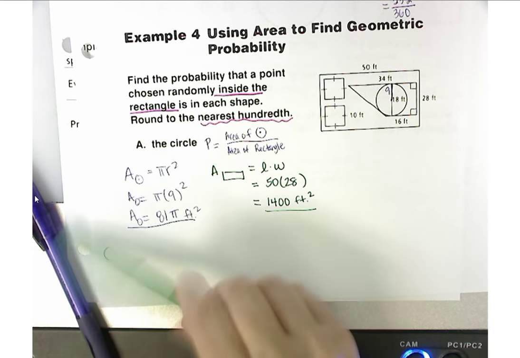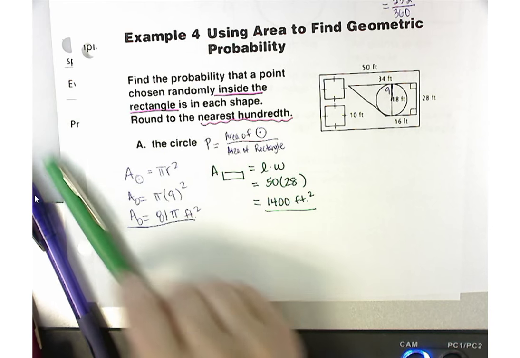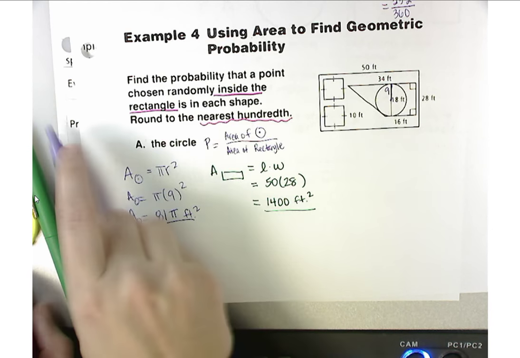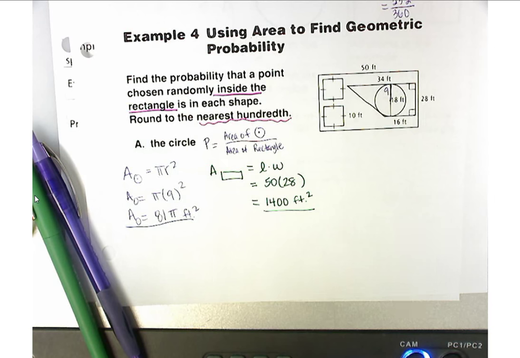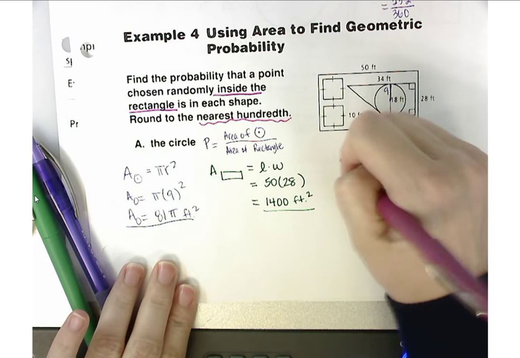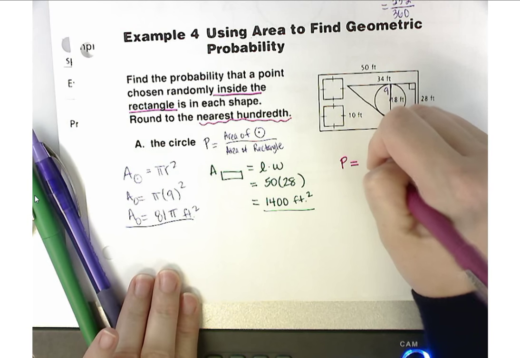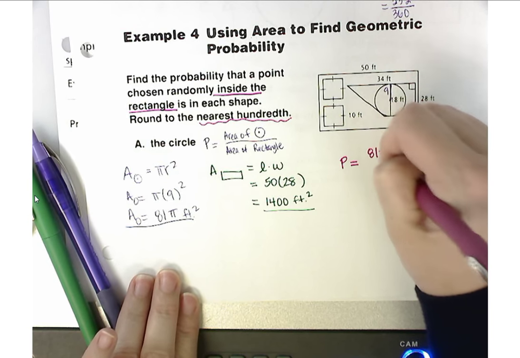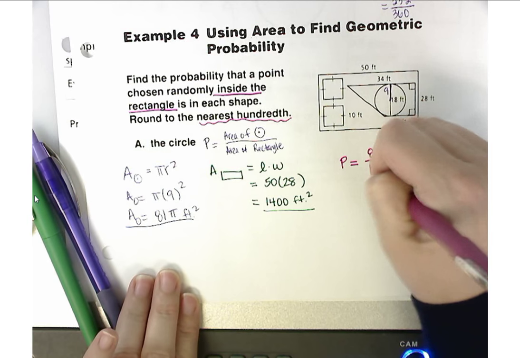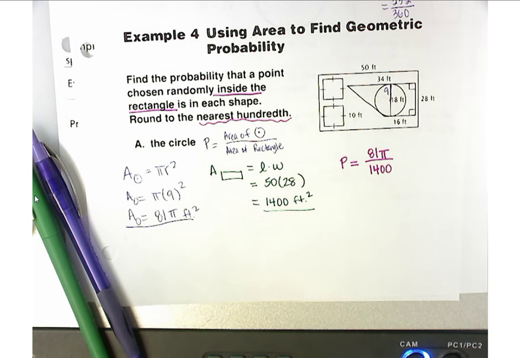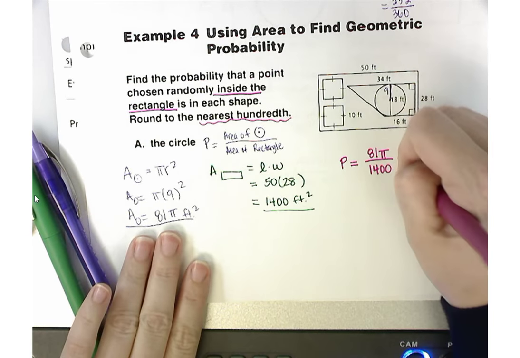Okay, so then to do the probability, we're going to have 81 pi divided by 1,400. Okay, and then we are going to do this on our calculator because it says to round to the nearest hundredth.